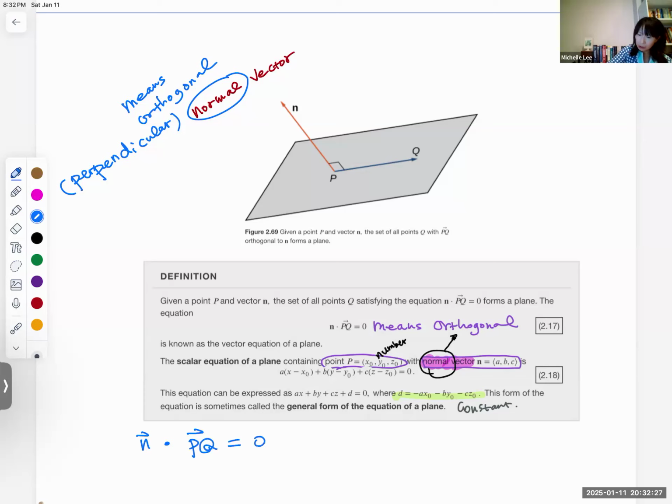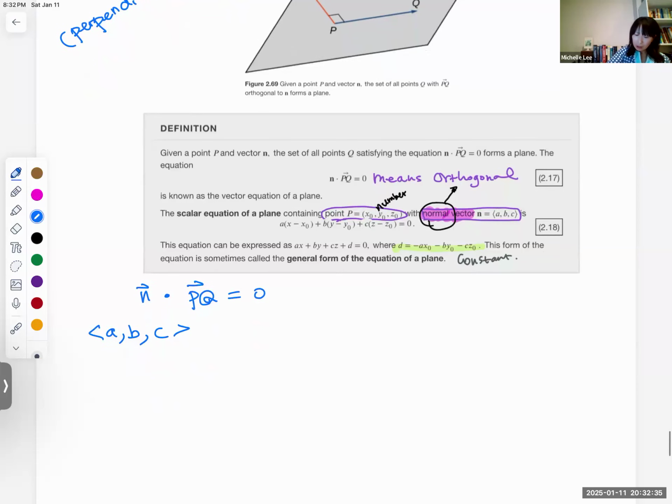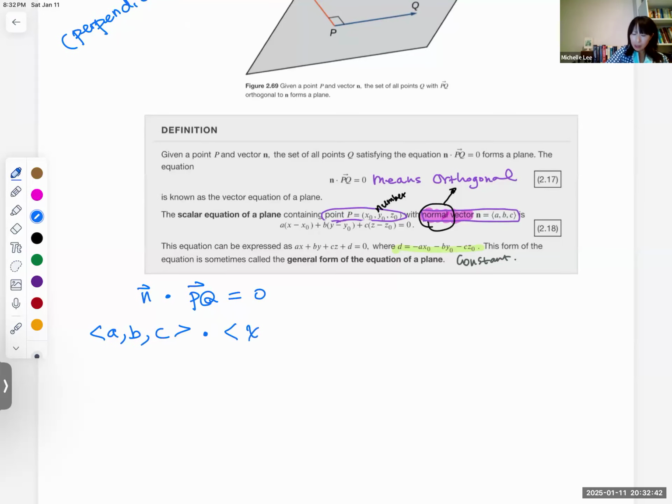So let's denote vector n equal to ABC and dot product with PQ. PQ we can denote this way: x minus x naught, y minus y naught, z minus z naught, equal to 0, right?